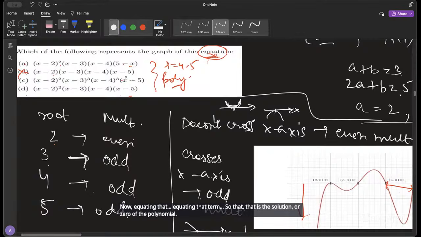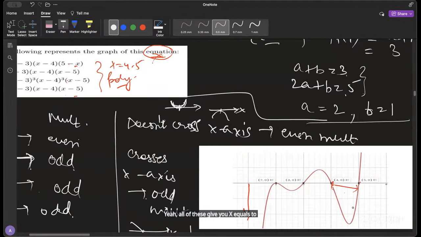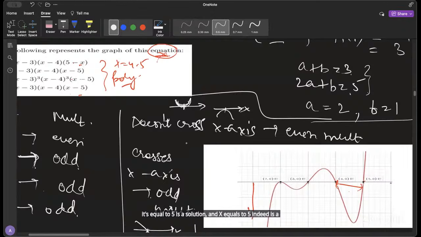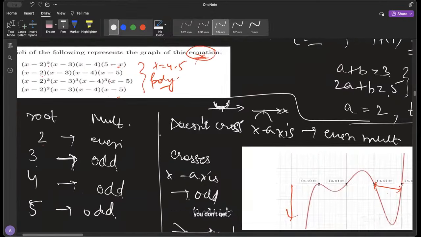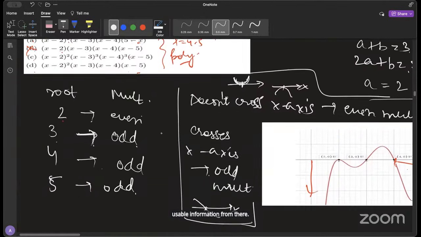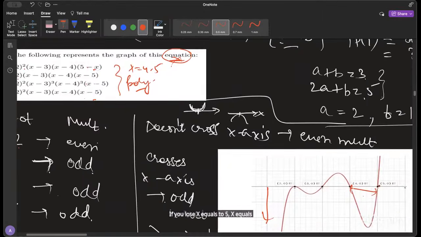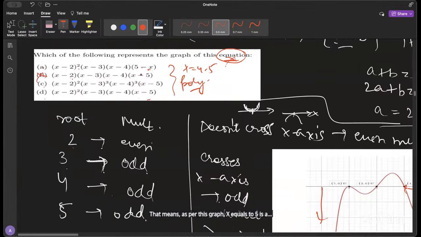All of these give x equals 5 as a solution, so you don't get any different or usable information from there. As per this graph, x equals 5 is a root, and as per all these polynomials, x equals 5 is a root. That means you can't eliminate any of these, right?